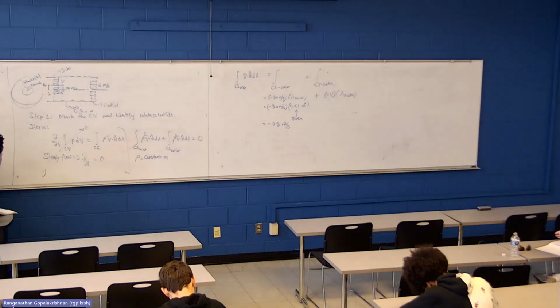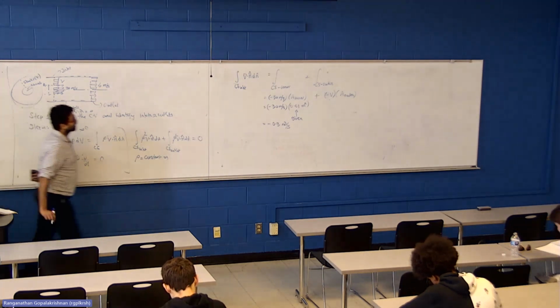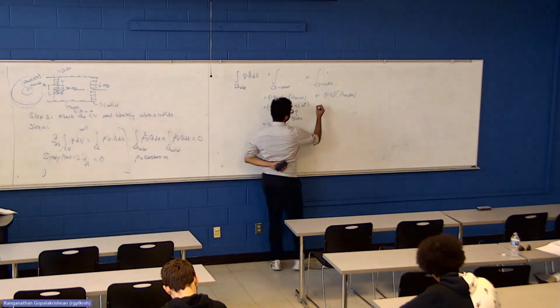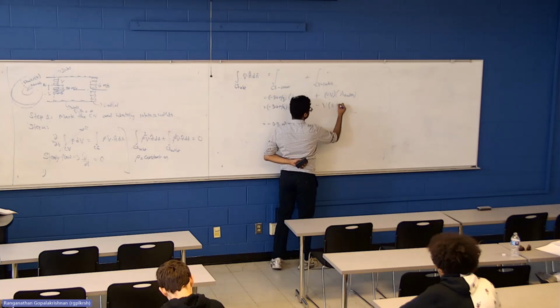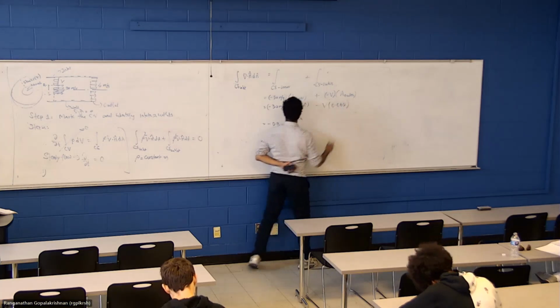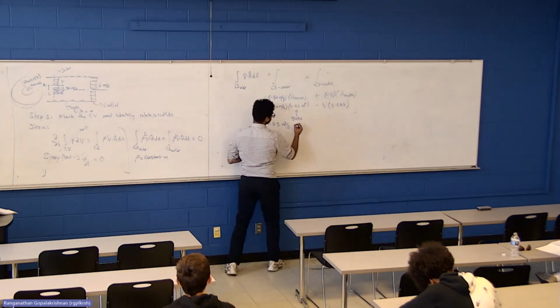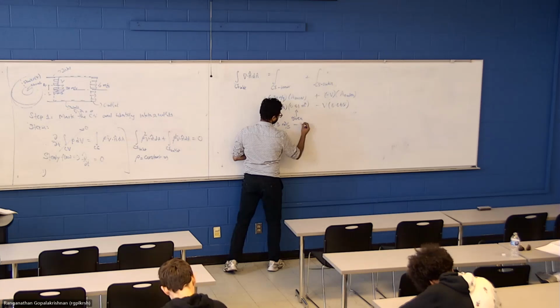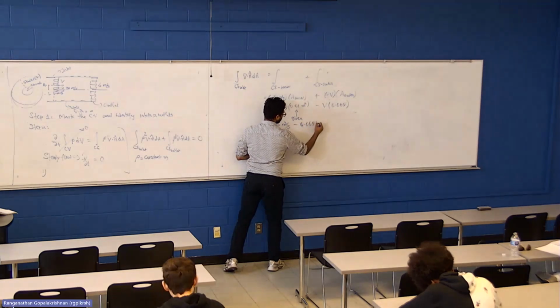The total cross section area is 0.075, which means the outer must be 0.065. So this is minus V times 0.065. So the value is minus 0.065 times V.